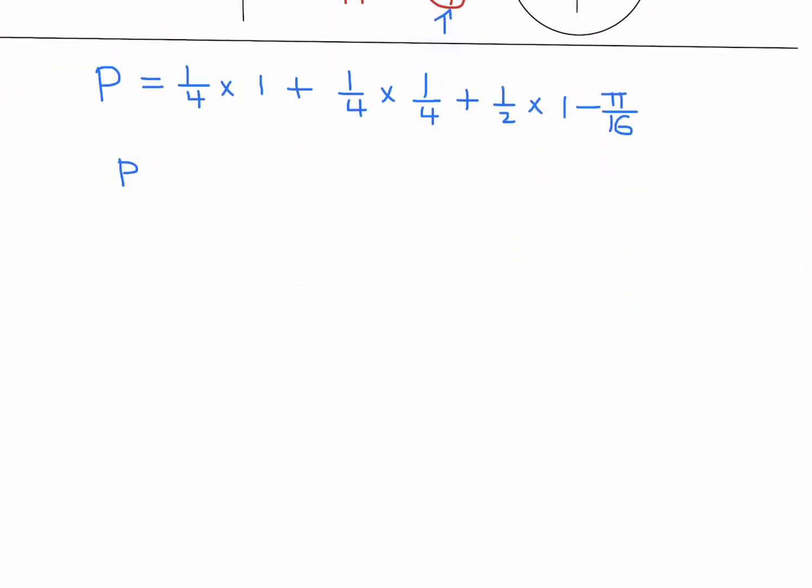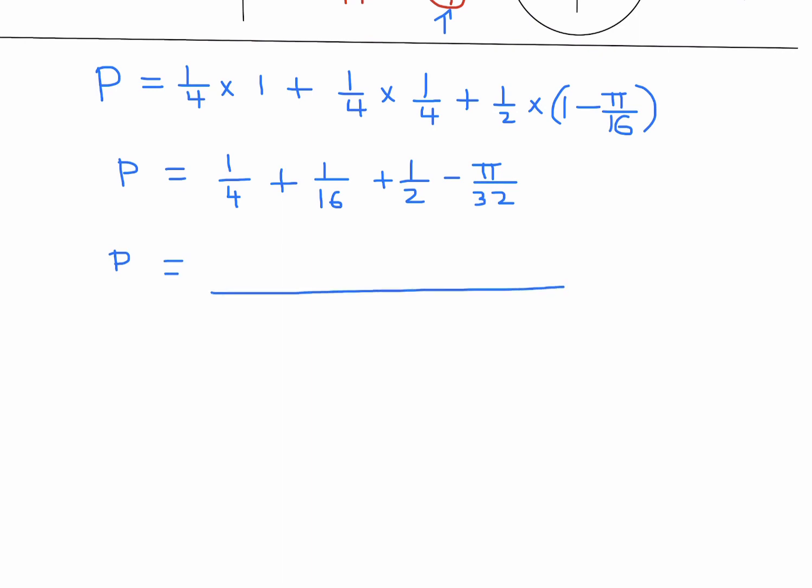So now if we combine, we get 1/4 plus 1 over 16. Multiplying this out, we get 1/2 minus pi over 32. Get a common denominator. It'll be all over 32. This will be 8 plus 2 plus 16 minus pi. This becomes 26 minus pi over 32.